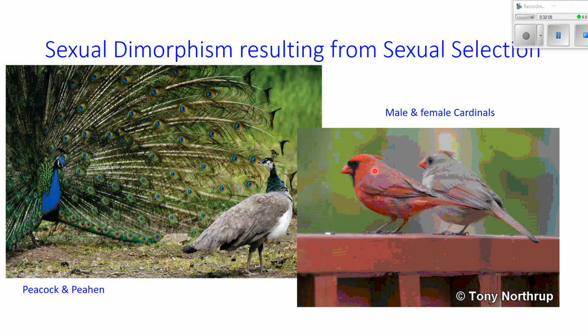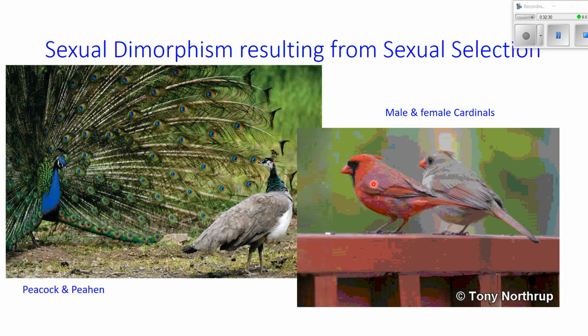We talked about the brightly colored male cardinal, much more bright than the female. And again, this is sexual selection. This is because she is not going to be interested in mating with him unless he impresses her with his bright color. So any male cardinal who doesn't quite have that showy red color is never going to get to mate.